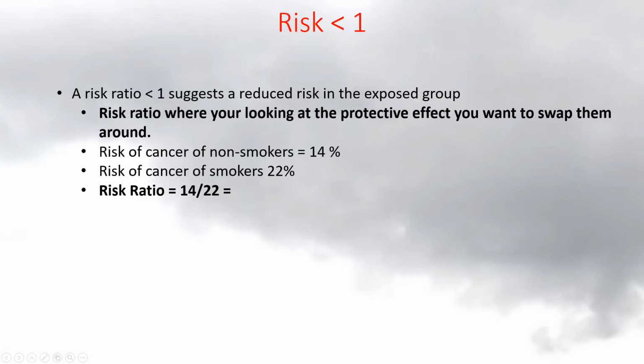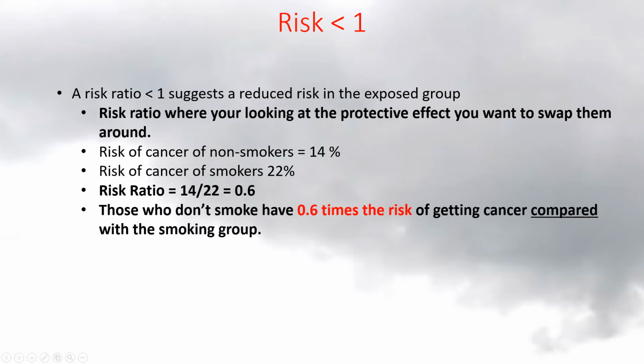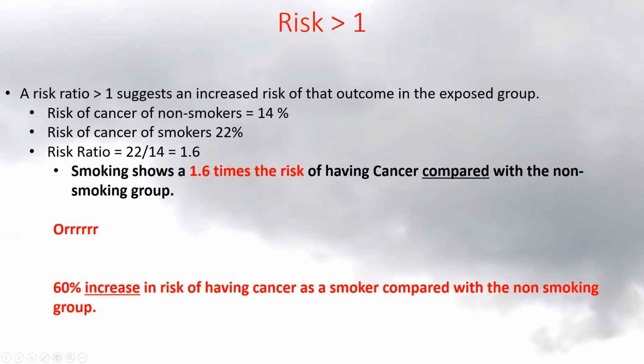So we're going to go the other way. So cancer seems to be protective, 0.6. So we're going to flip it round, and show the protective effect of non-smoking instead of saying the increased risk of having cancer if you're a smoker.